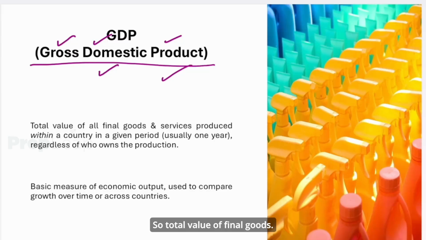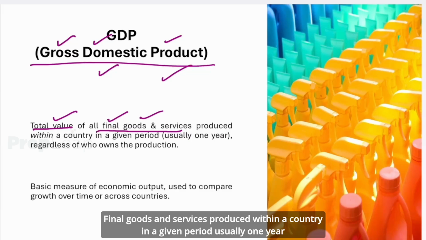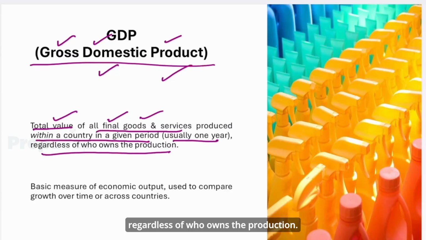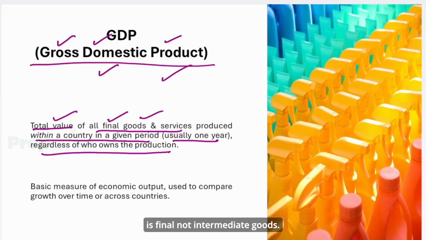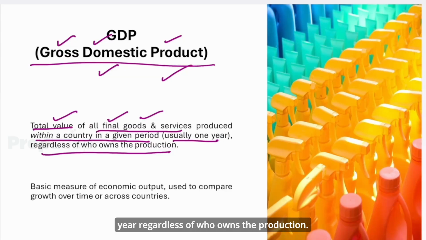So it is the total value of final goods and services produced within a country in a given period, usually 1 year, regardless of who owns the production. The important word is final, not intermediate goods.